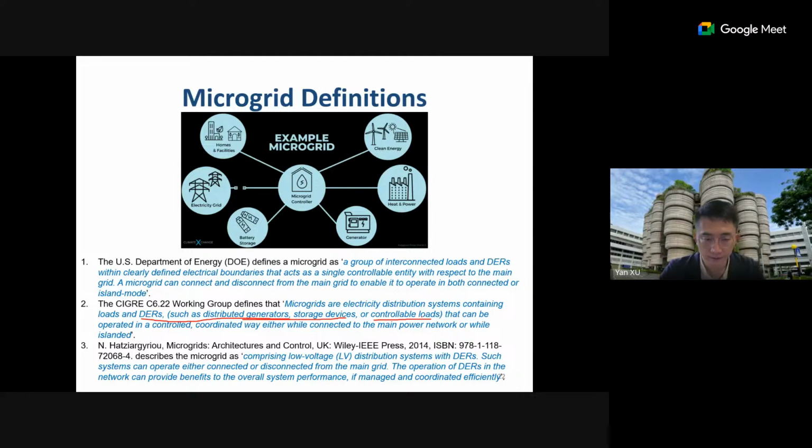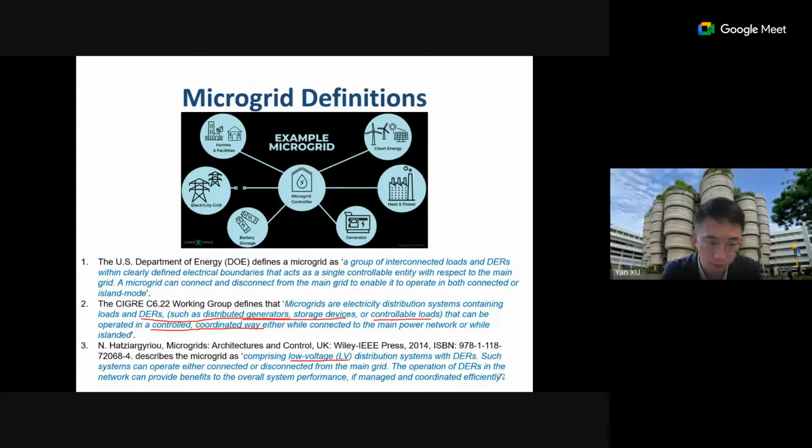And thirdly, the whole grid system could operate in a controlled, coordinated way, either in the grid-connected mode or the disconnected mode. So to summarize, number one, a low voltage distribution network. Secondly, you have DER, distributed energy resources. Number three, the whole microgrid system can operate as an individual and controllable entity.